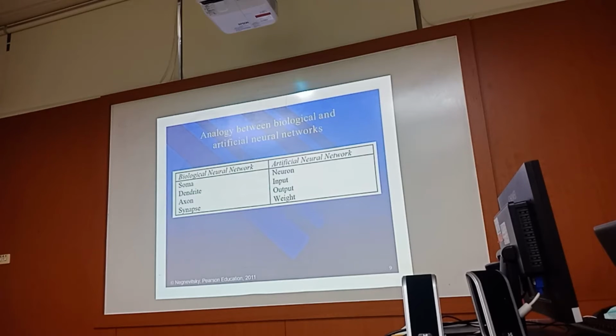So the biological neural network and our artificial neural network mapping: the soma is a neuron, that is the circle. The dendrite is the input, the axon is the output, and the synapse is the weight. That is just mapping our brain to the neural network.